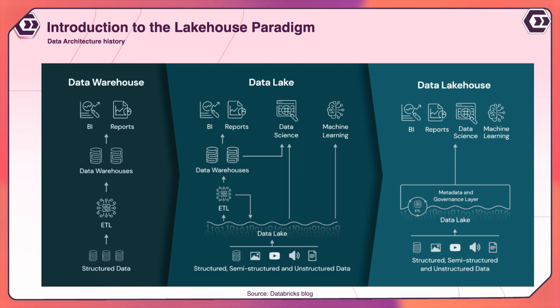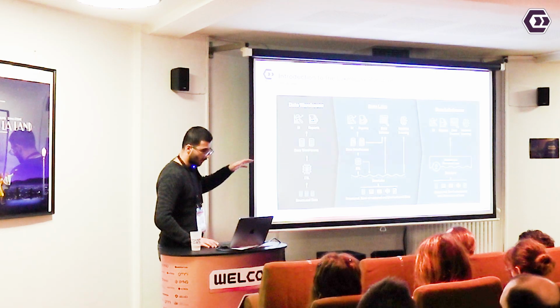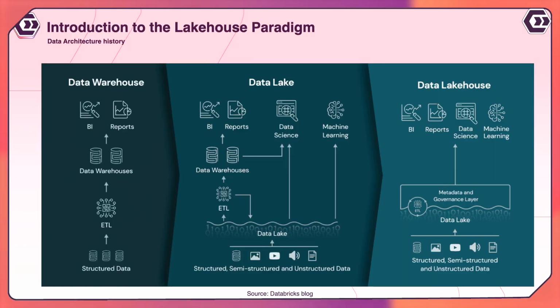Then it evolved to a data lake architecture where we store the raw data on inexpensive data stores like object stores, and we only move aggregated and cleaned data to the data warehouse for processing. And today, it's evolving into a data lakehouse architecture which combines the flexibility and cost efficiency of the data lake with data management, ACID compliance, and delete and update capabilities from the data warehouse, with many other optimization features.